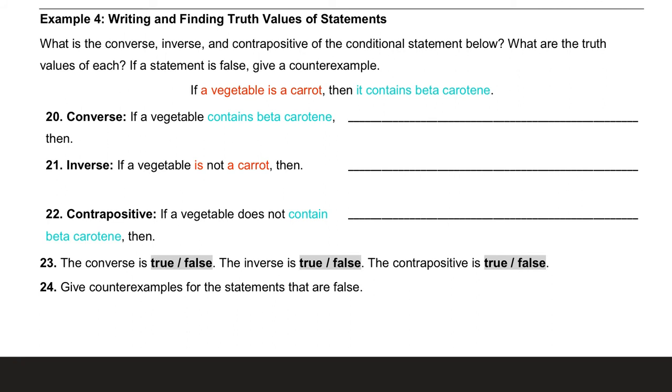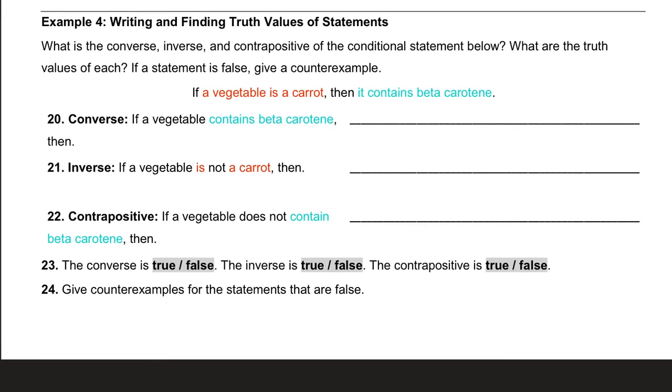So what I'm going to do is I'm going to read out, if a vegetable is a carrot, then it contains beta-carotene. The converse of that makes it contains beta-carotene the hypothesis. So this is kind of weird how it's written, the then here. I'm just going to write, then it is a carrot.